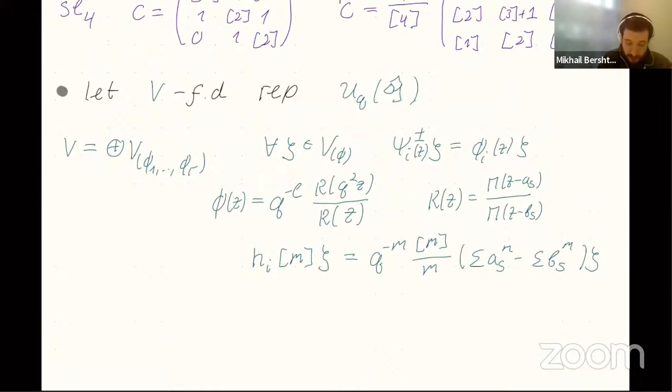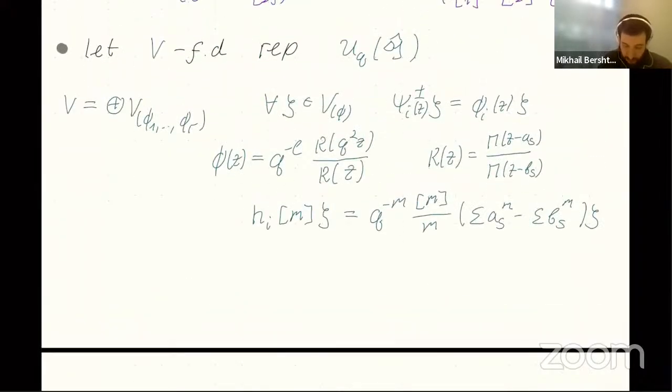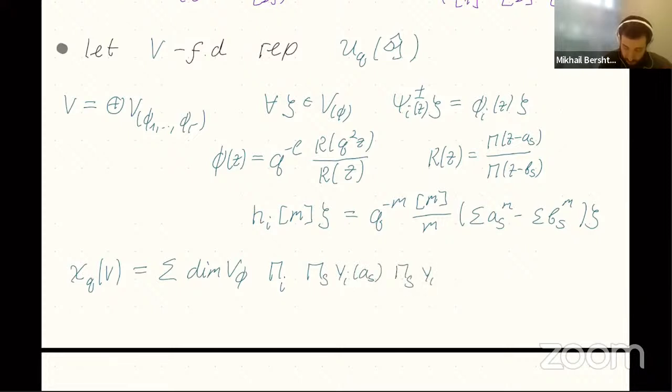So after these preparations, we can recall the definition of the Q character. The Q character of V is a sum of the dimension of the corresponding subspace times the product over i, then product of the a's y_i of a's, then product of the b's y_i of b's inverse.